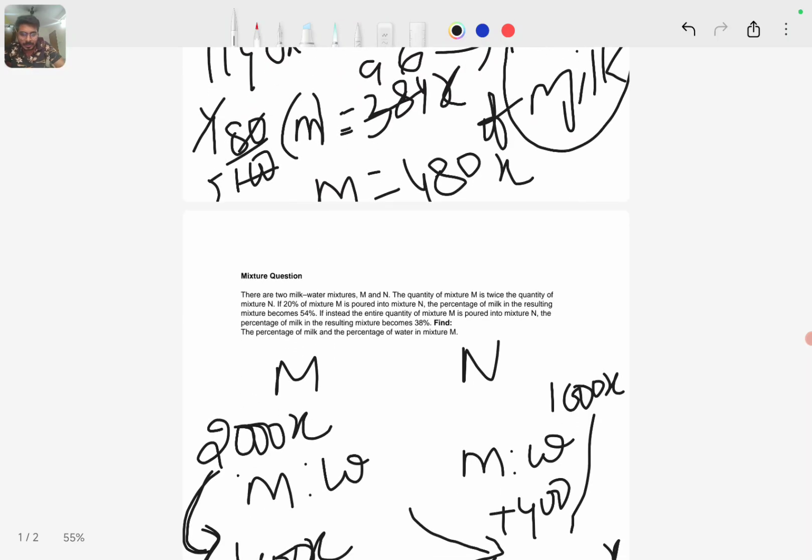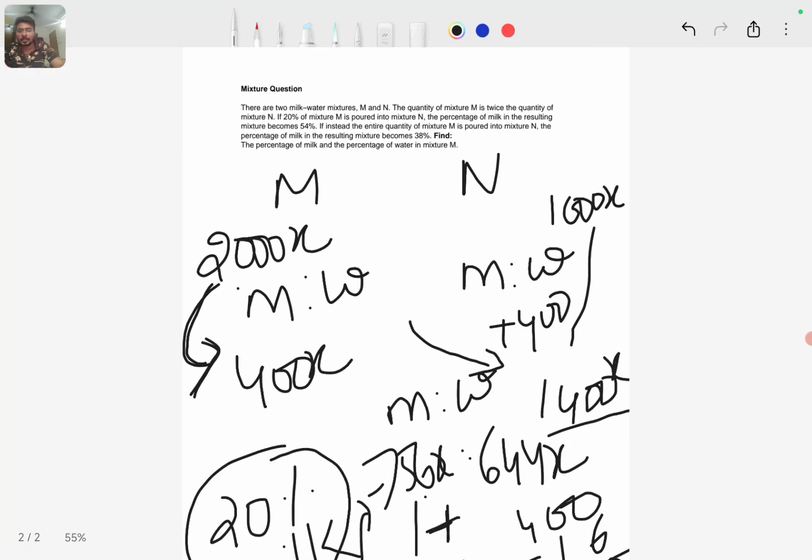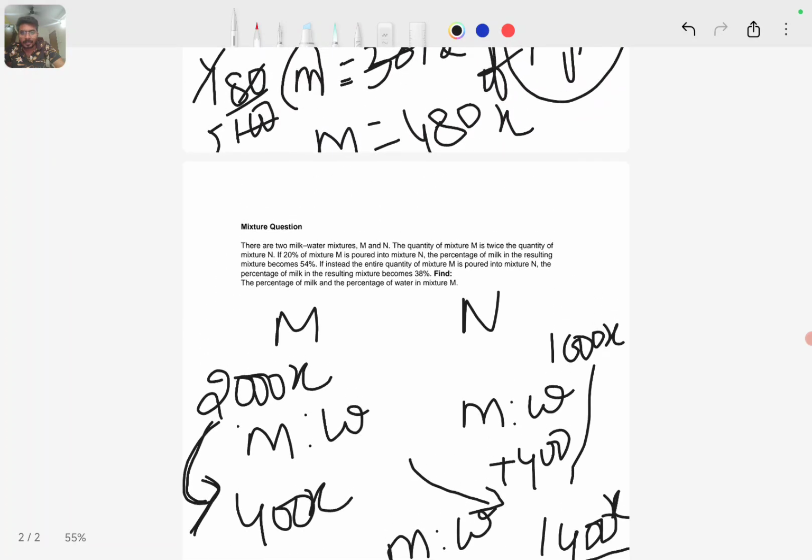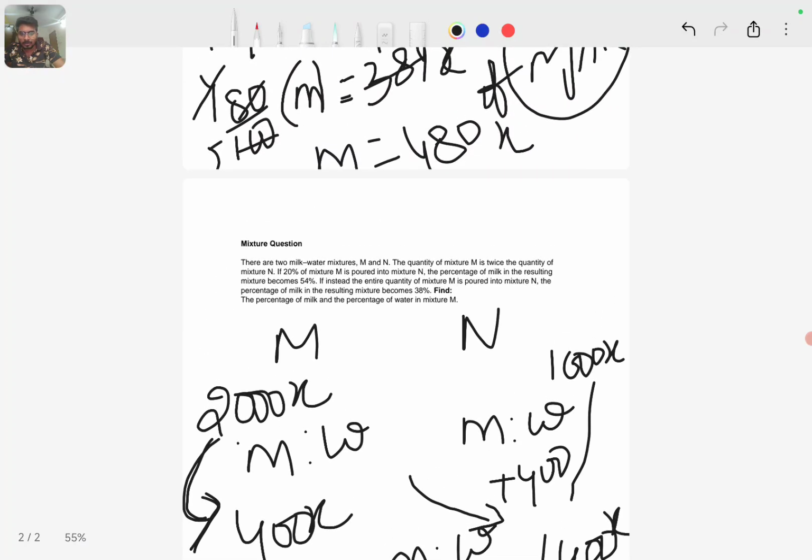So see here, find the percentage of milk and the percentage of water in the mixture M. So here we have, in M, water 2000x minus milk.